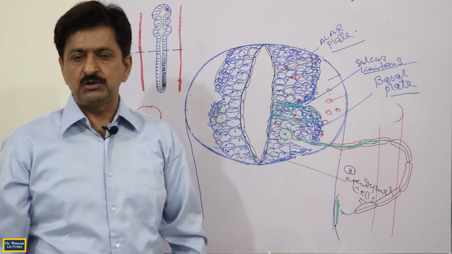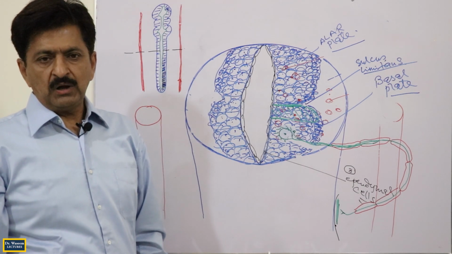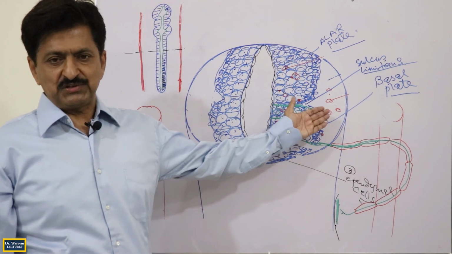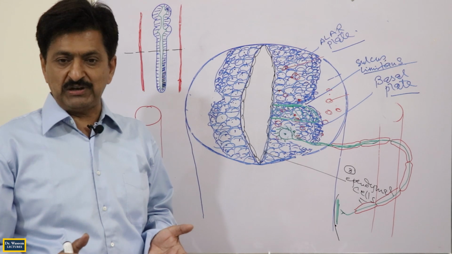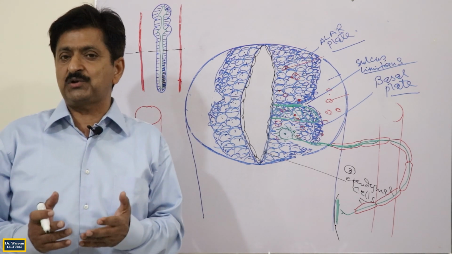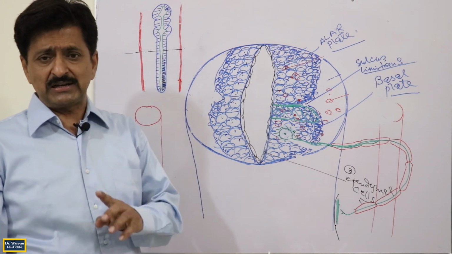For this purpose you again need neurites, and for the neurites you need neurons, and these neurons are the sensory neurons.